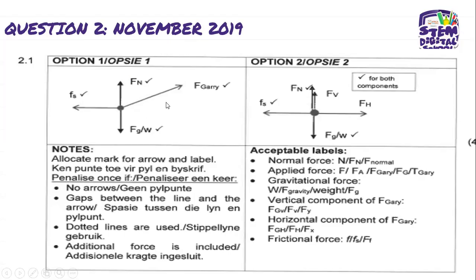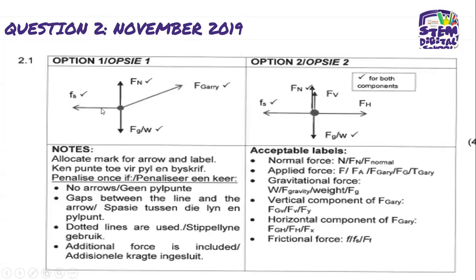Now, my dear learners, this method here is actually not how we draw a free body diagram, because everything is the same except, or rather, let's check it like this: the normal force, there it is. The force of gravity, there it is. It's the same.